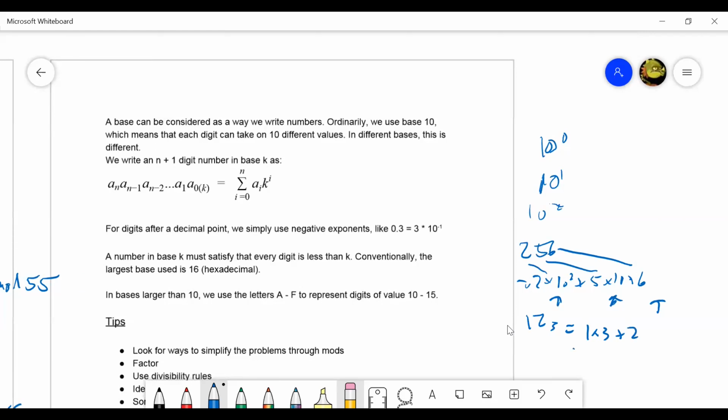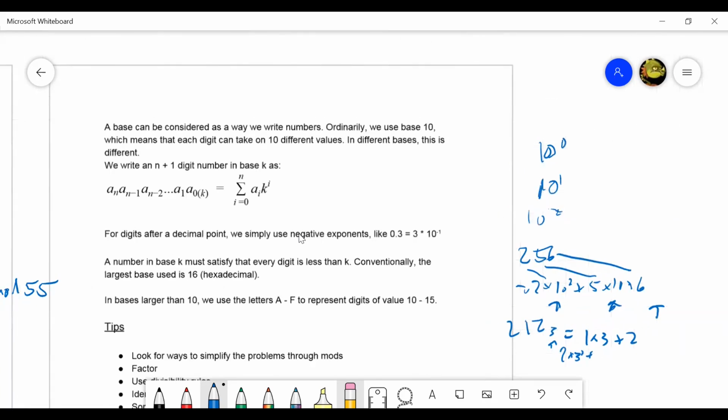Or if we want more digits, we can put another 2 here, and then you'd have 2 times 3 squared plus this. So you're essentially just replacing the 10 for each place with this base value. The base value is usually seen as a subscript at the end of the number. All right, and here's a more formal definition. I wrote it here, but it's a lot easier to understand just by thinking of place value.